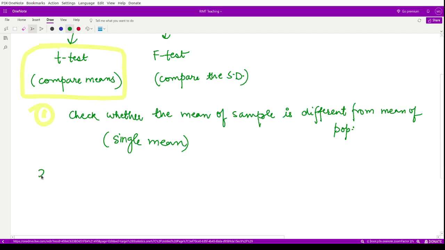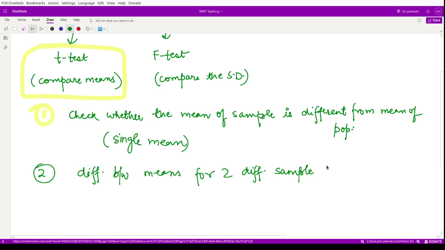In the second case, you may also check the difference between means for two different samples, right, as we have done in the Z test. And then you may check the paired t test. So now here in the second case, when you check it for difference between mean of two samples, you may have two things.